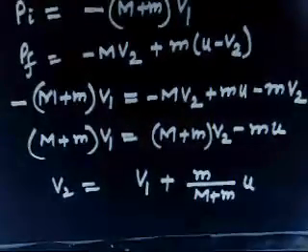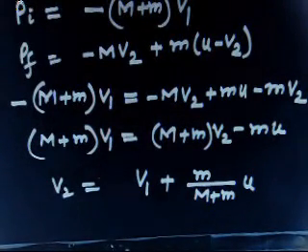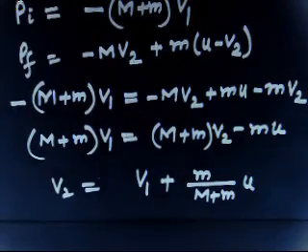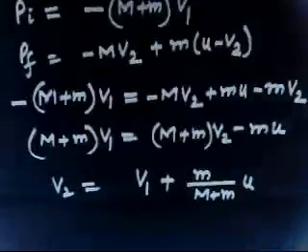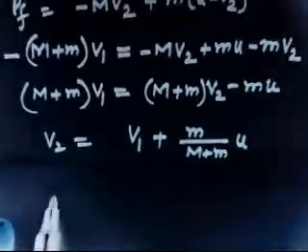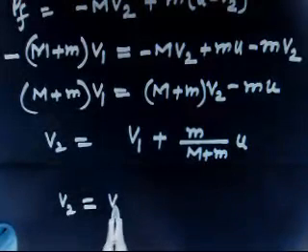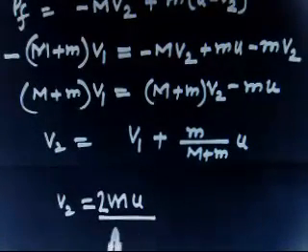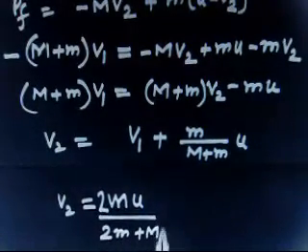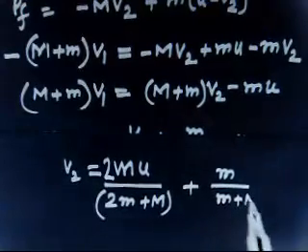Now if you plug the value of v1, because v1 is the velocity after step 1, this we have already found. So you can see in the back of your copy, this is the v1, 2mu divided by 2m plus capital M. So if I plug the value of v1, I will have v2 equals v1, that is 2mu divided by 2m plus capital M, plus m by (M plus m) into u.